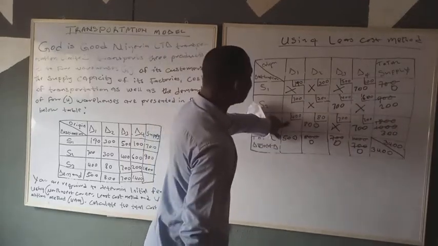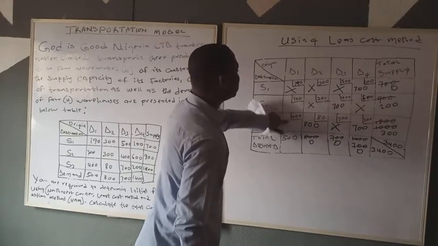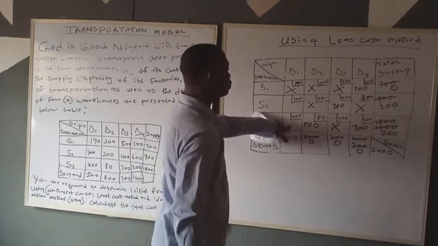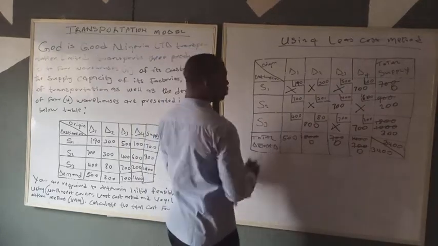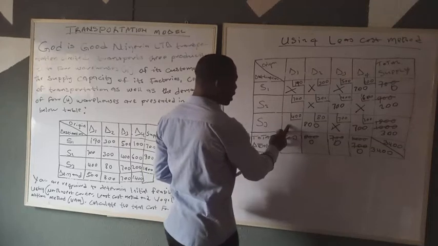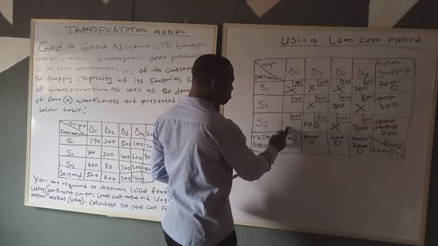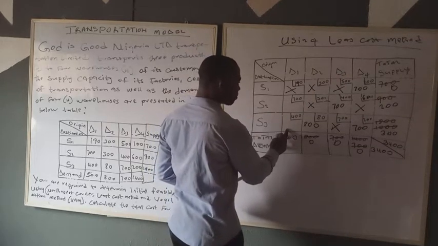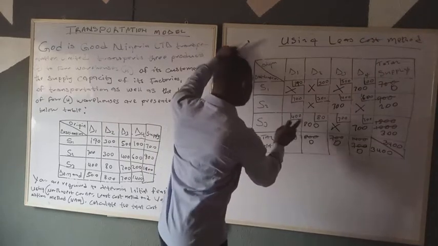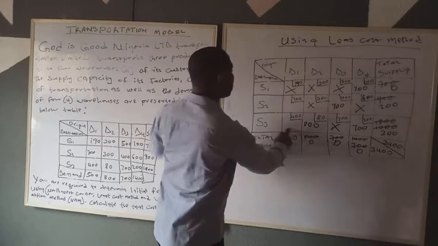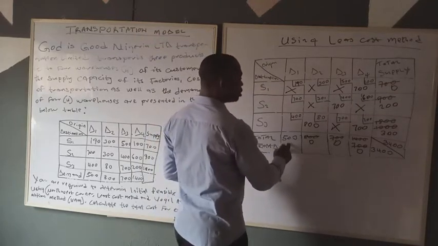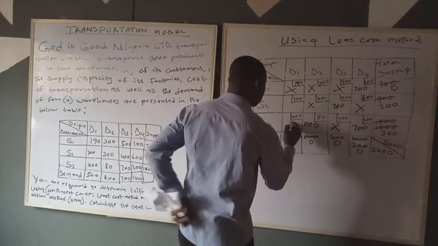So the only two sets remaining now are only these 2, and from these 2 the lowest is this one, so we satisfy this one first. Under supply 3 we have 500, right?